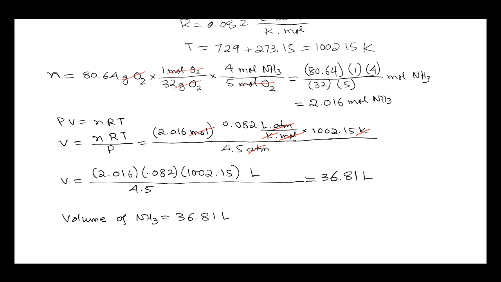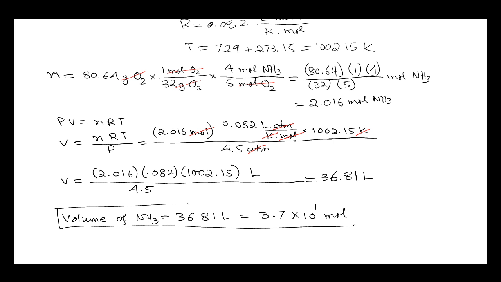And the other ones, the 4 by 5, is really the relationship that we got from the equation, so none of those will count. So we really have to express that in 2 sig figs. So what we can do is say 3.7 times 10 to the power 1 liters of ammonia, by rounding. So that really would be the answer for this particular problem.